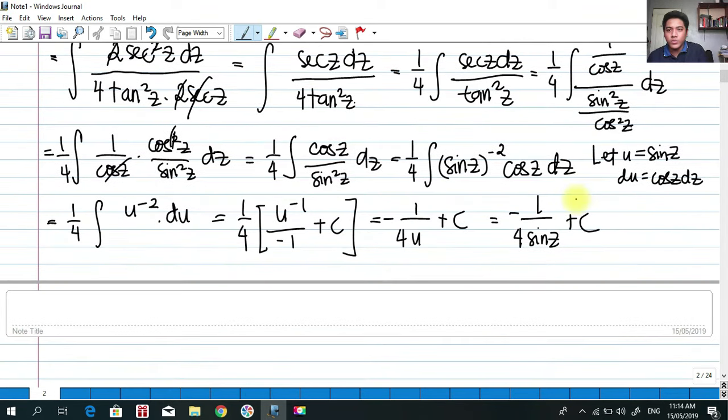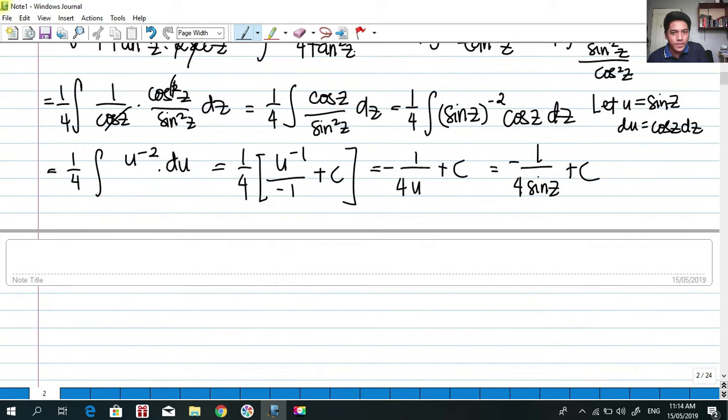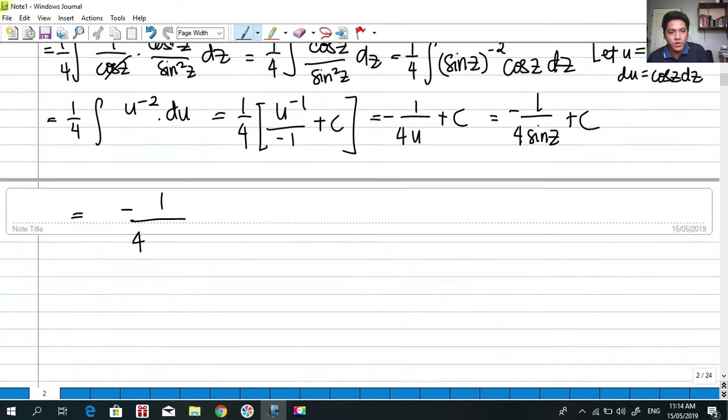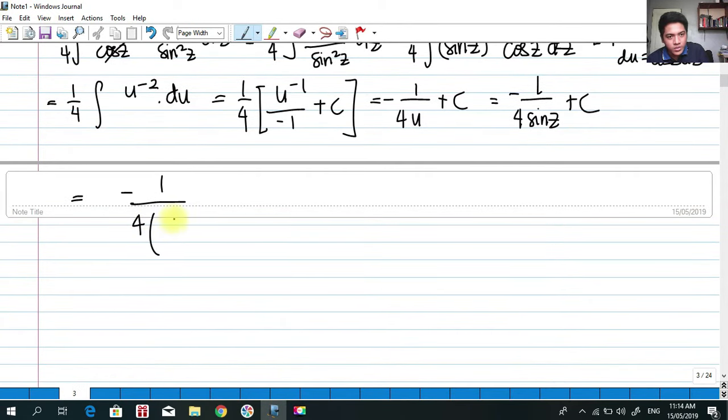So, sine z would simply be equal to what? Negative 1 over 4, and again, that is equal to x over square root of 4 plus x squared. Plus c. And to simplify, we can get what?